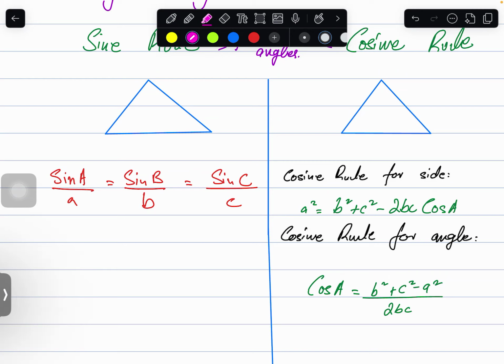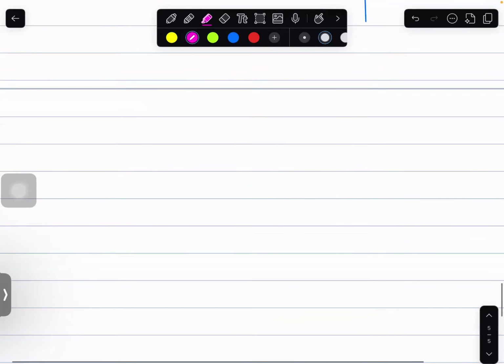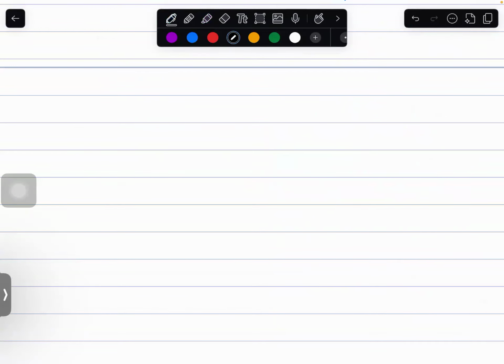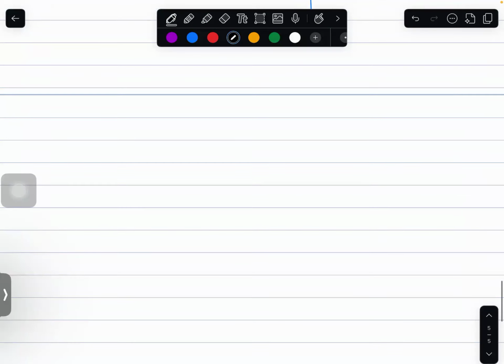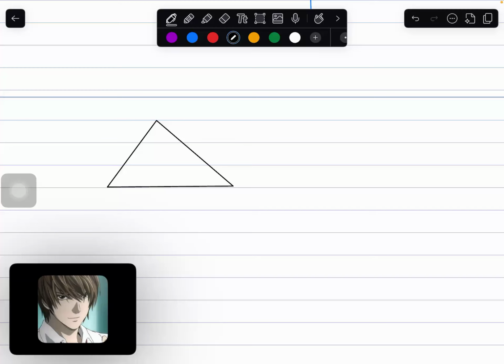They both will not have a 90 degree in them. So there are some signs that you need to note down.